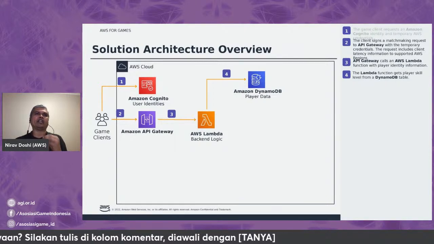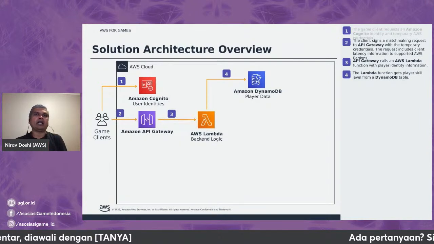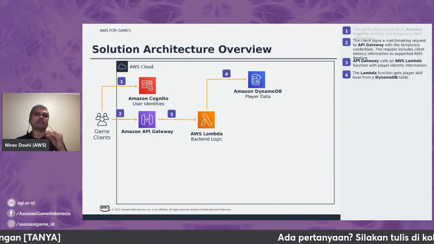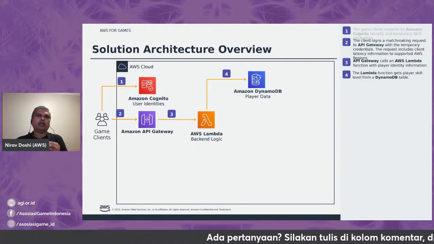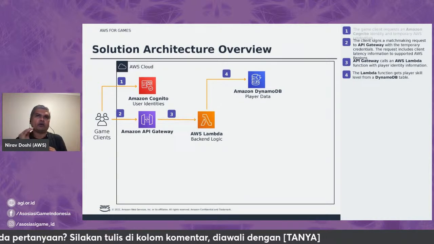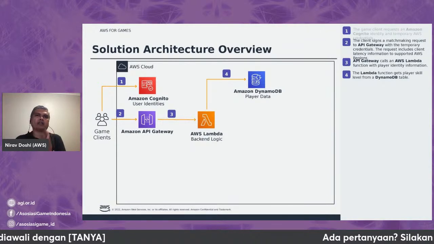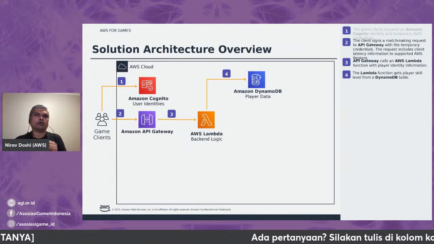The request to be matchmade is picked up by a Lambda which has the logic which identifies the player through the credentials that were provided, and then it is able to check in a database for the skill information, the player level information, any statistics that are required to do a good match.